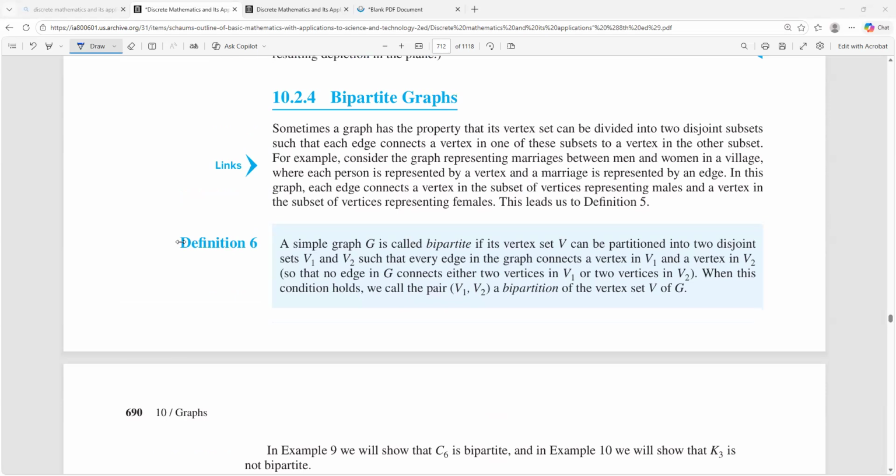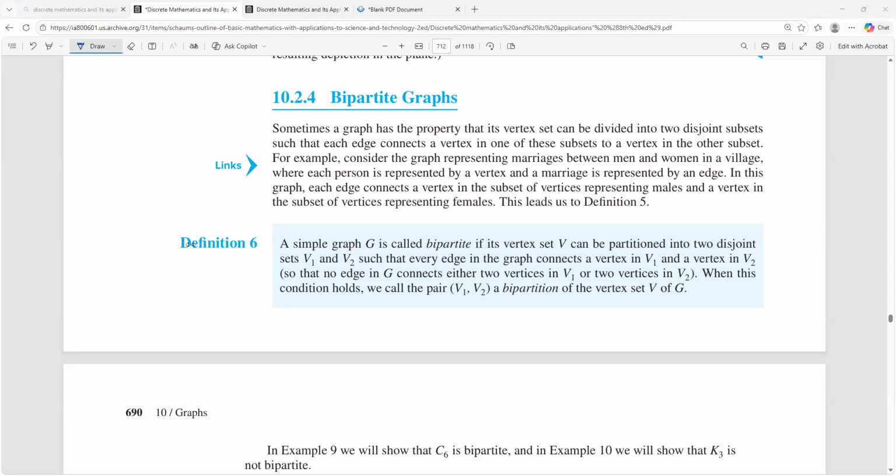The idea of bipartite graphs is that we can take a graph and split it so that we end up with two sets of vertices where everything from one set goes only to the other set and vice versa.